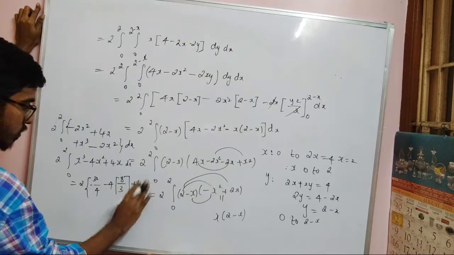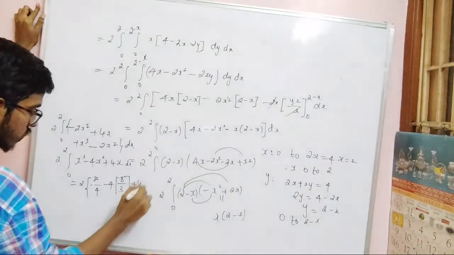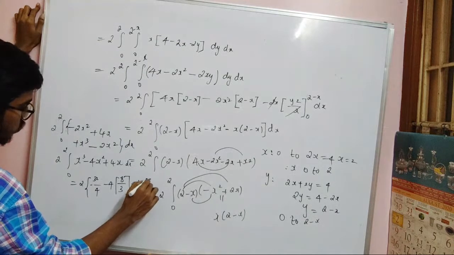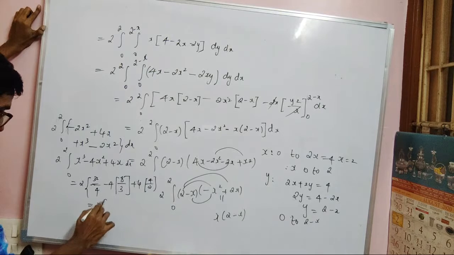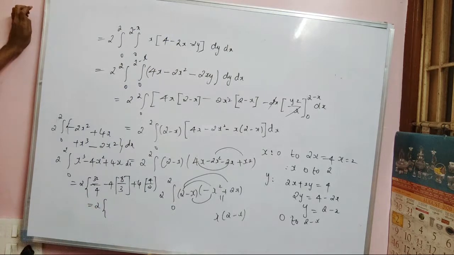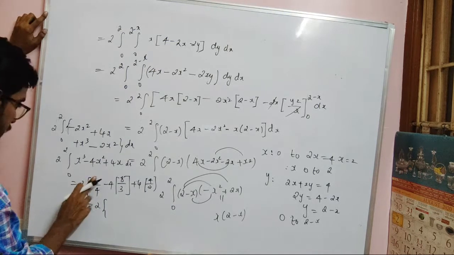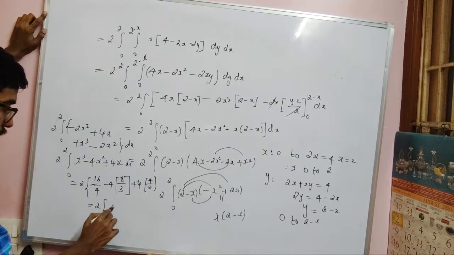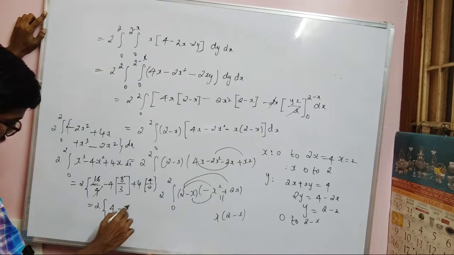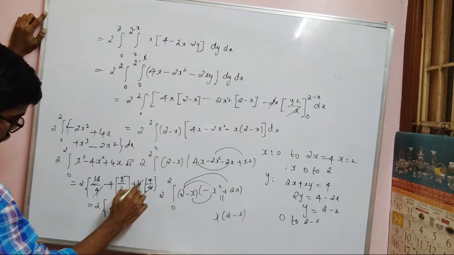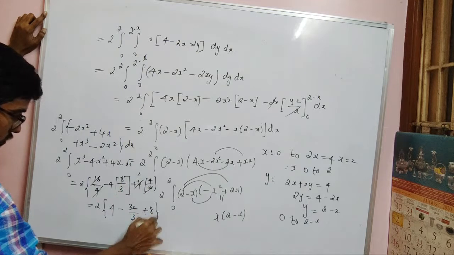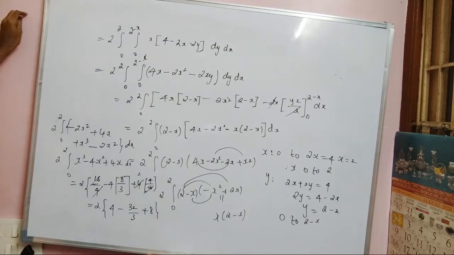Plus 4 times x square by 2, so 2 square by 2 is 4 by 2, and this will be plus 8. So we have 2 times 4 minus 32 by 3 plus 8.